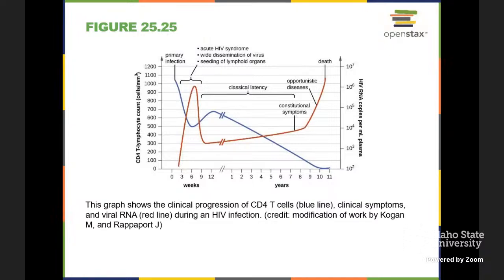And after this crisscross, this is where we see the constitutional symptoms. This is where we would say you have transitioned from HIV to AIDS. And now your immune system is basically incompetent and can't combat anything and everything that's thrown at you.